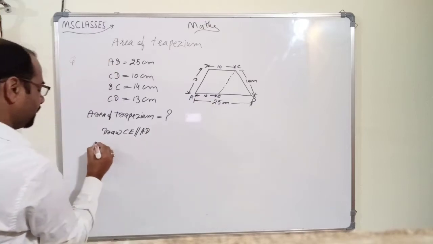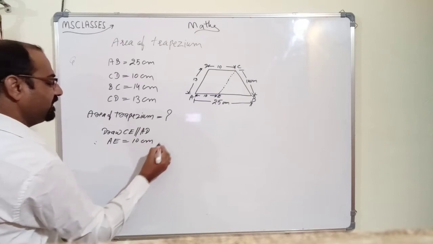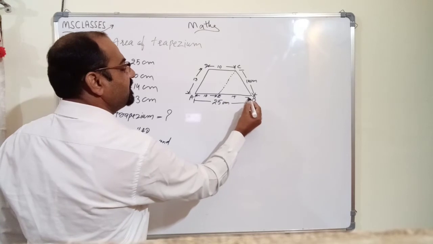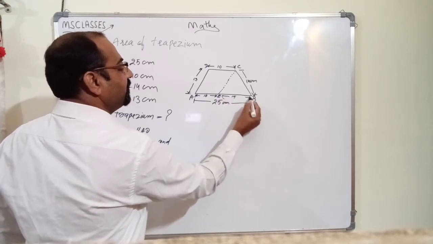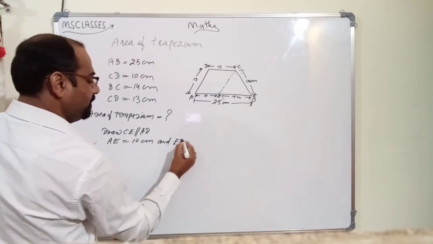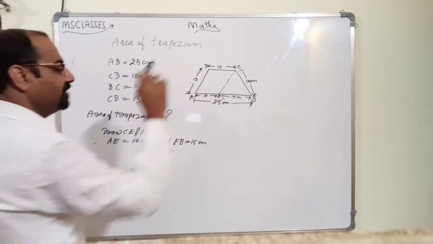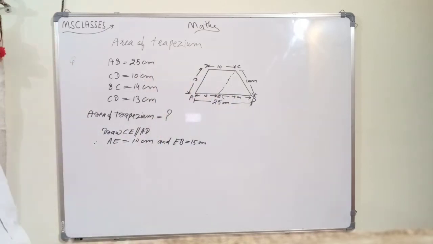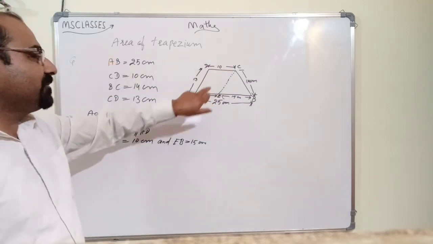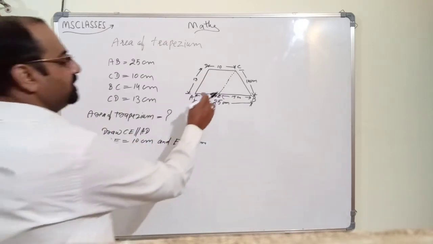Therefore AE is equal to 10 centimeter and left is 15 centimeter. EB is equal to 15 centimeter, because 25 minus 10 is equal to 15, and this is 10 because CD is equal to 10. That's why the opposite line is parallel, and that's why the parallel line is equal to 10.